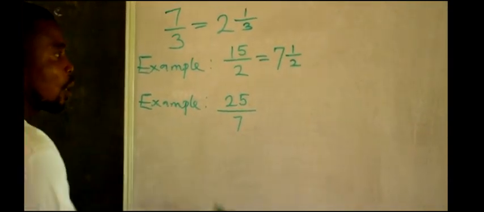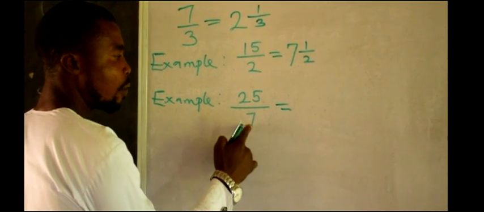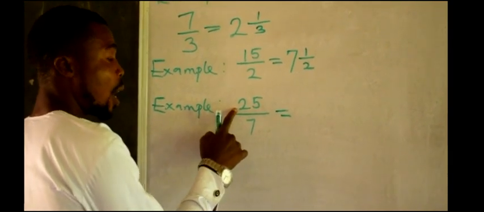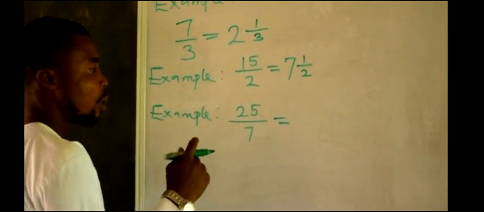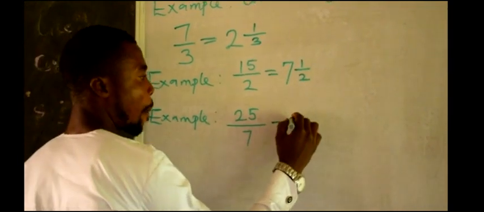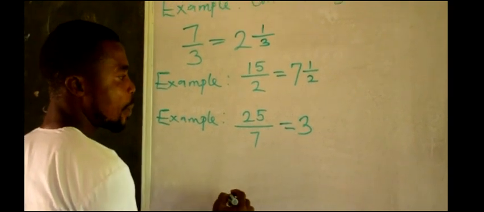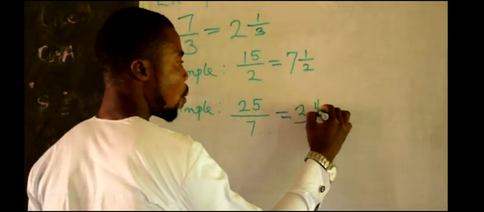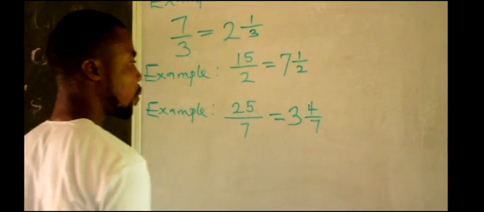25/7. 7 will go in 25 how many times? It will go 3 times. Remainder 4/7.